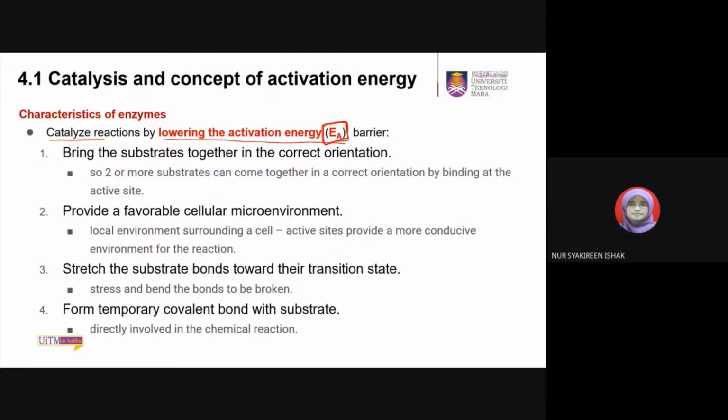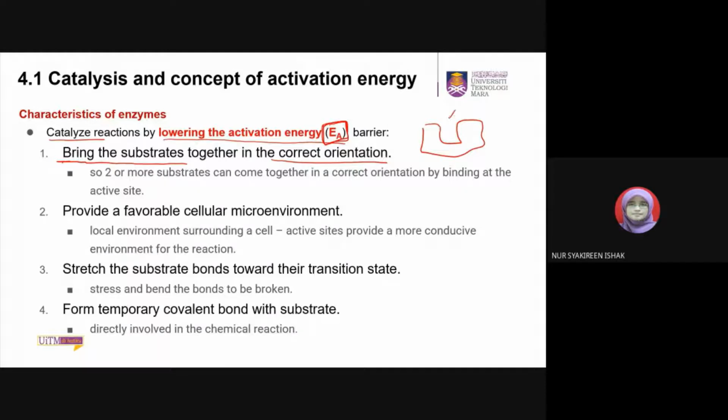So by having the enzyme in the reaction, the benefit is that it brings the substrates together in the correct orientation. As you know, the enzyme has an active site.